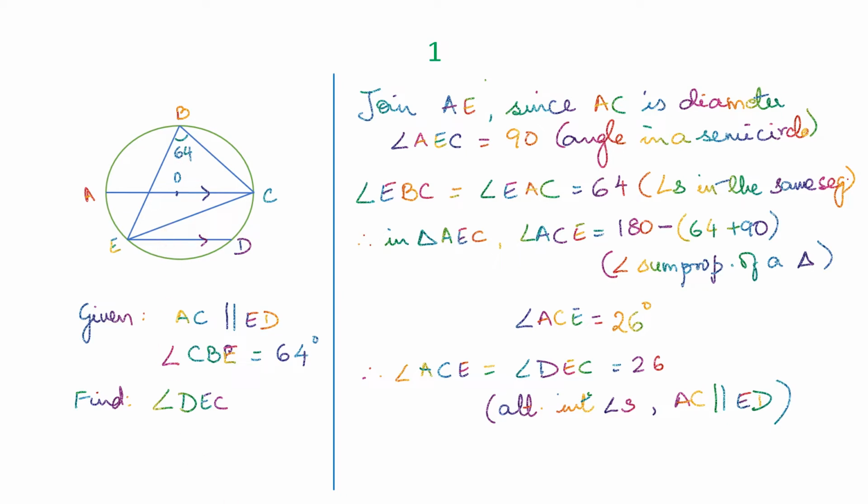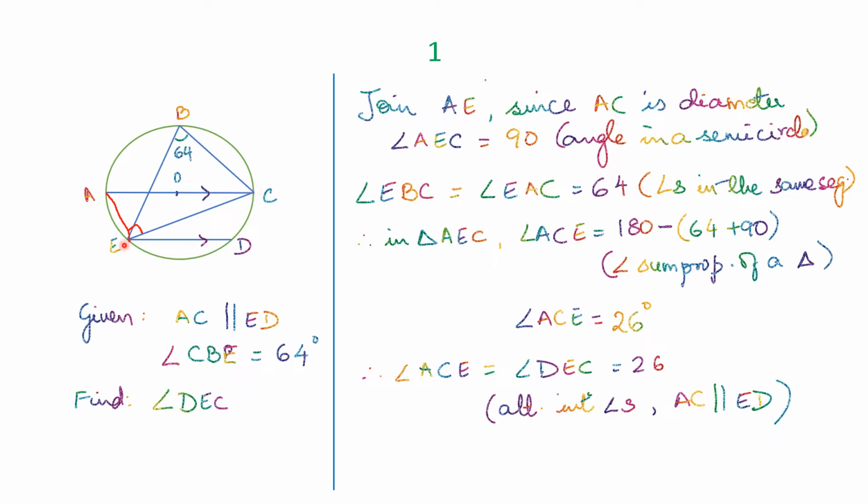Now, since AC is the diameter, I am joining A and E, which will give me this angle. This angle AEC is the angle in the semicircle, which is going to be equal to 90 degrees. Now, as you can see over here, I have this angle EBC.